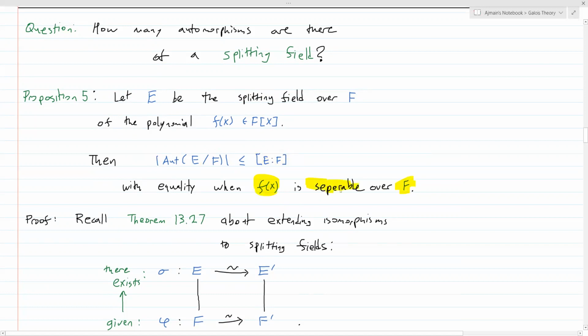And this is a mild condition. It's not really that notable because most of the polynomials we know about are separable, at least the irreducible polynomials. So yeah. So any splitting field has this number of extensions equal to the degree of the extension.